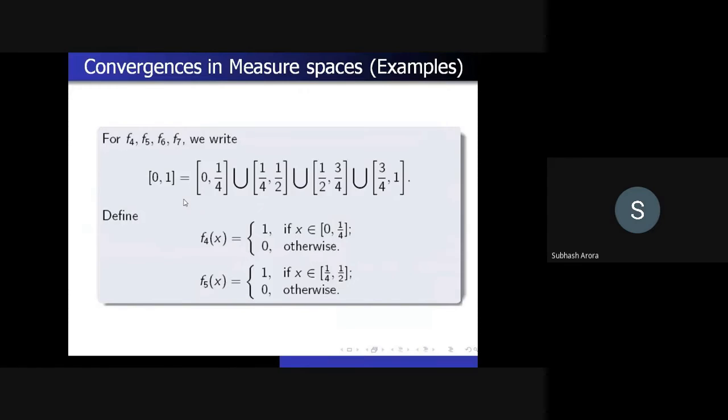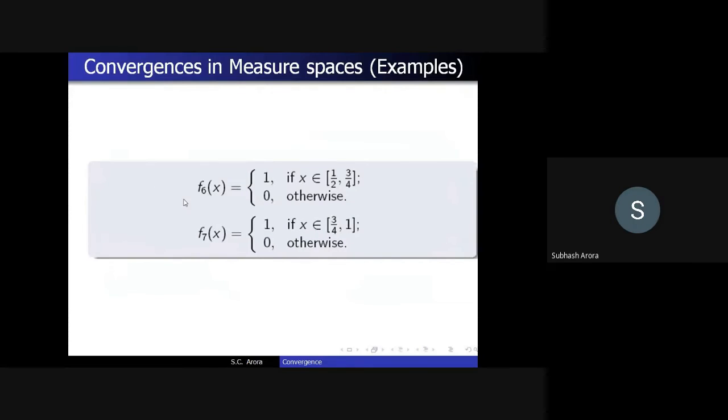Next, for 4, 5, 6, 7, they are defined by partitioning the interval [0, 1] into 4 parts: [0, 1/4], [1/4, 1/2], [1/2, 3/4], and [3/4, 1]. And define F4(x) to be equal to 1 on the first interval, 0 otherwise, F5(x) to be equal to 1 on the second subinterval, [1/4, 1/2], 0 otherwise, and like that we can define F6, F7, and so on.